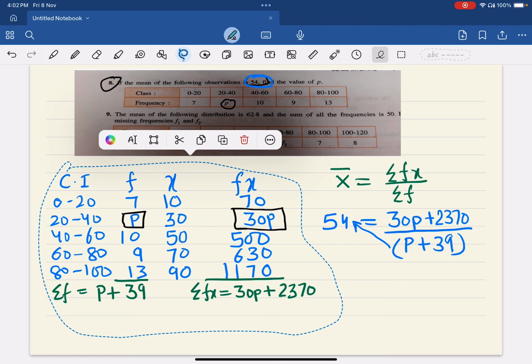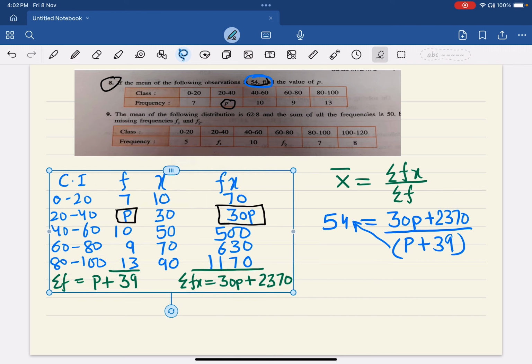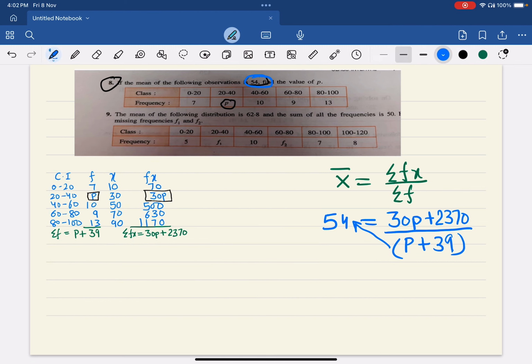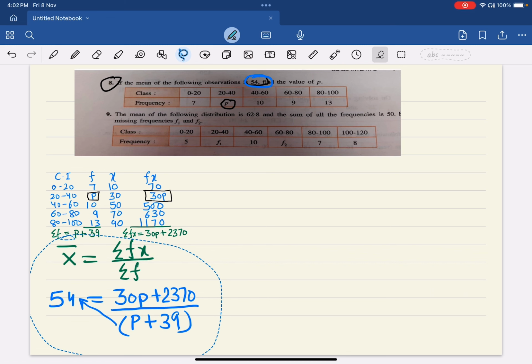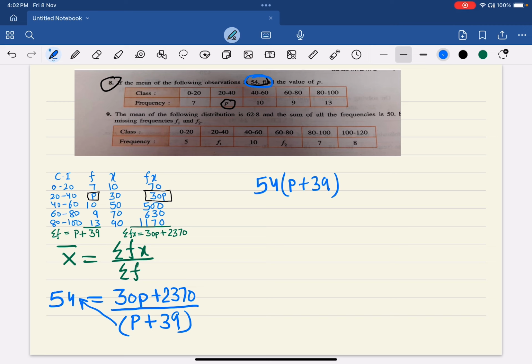Okay. Now we will just cross multiply it, and I'll adjust these tables because I need space to do the working. So now we have got 54 times (p plus 39), which is equal to 30p plus 2370.